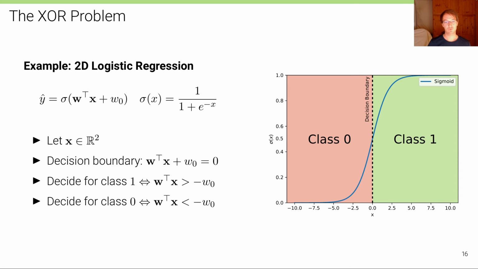And we decide for class 1 if W transpose x plus W0 is bigger than 0, in other words, if W transpose x is bigger than minus W0. And we decide for class 0 if W transpose x is smaller than minus W0. Then we are on this side of our logistic function, where we have a probability of less than 0.5 of deciding for class 1, which means we're deciding for class 0 with higher probability.